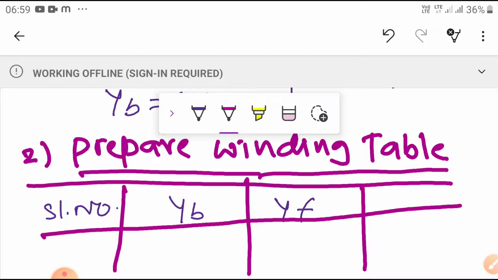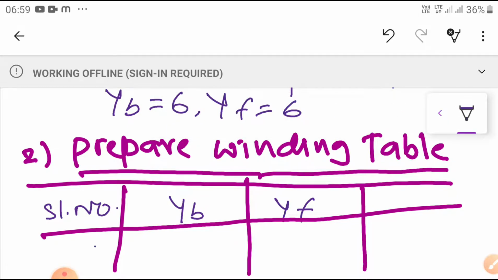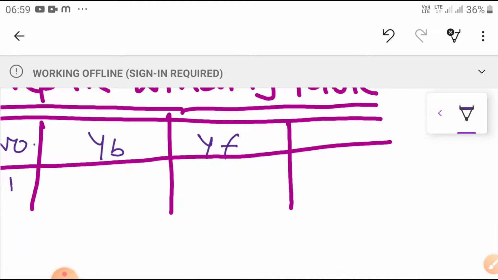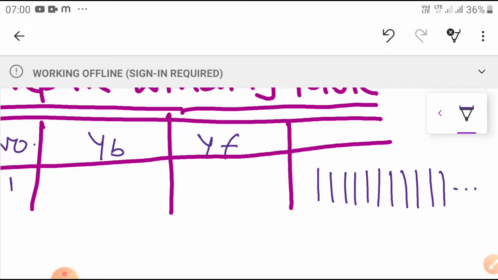Now, serial number 1. Here we have these windings: conductors 1, 2, 3, 4, 5, 6, 7, 8, 9, 10, 11 up to 24 conductors. Let us start with conductor 1 from slot 1.